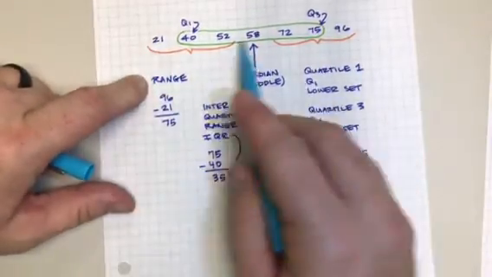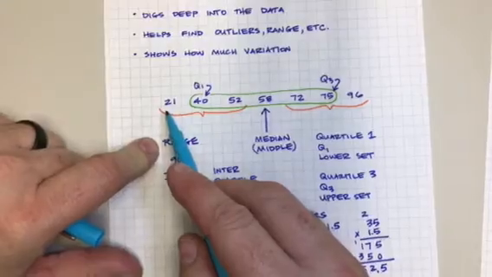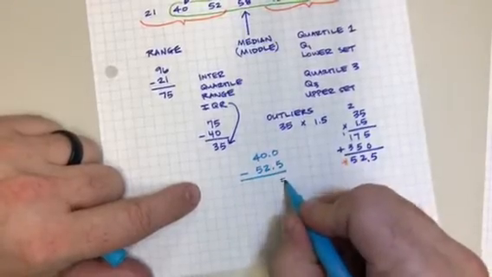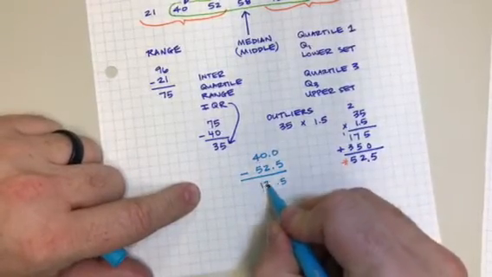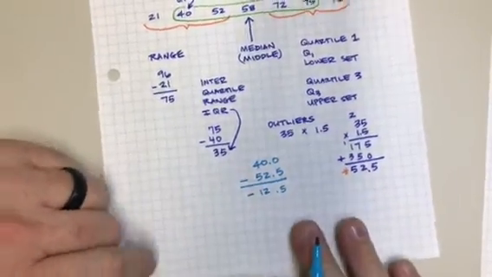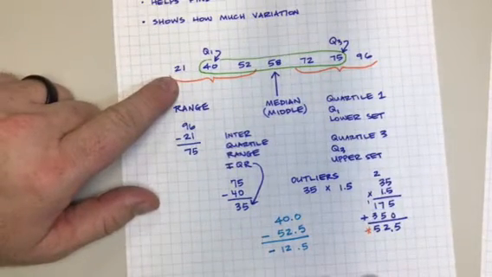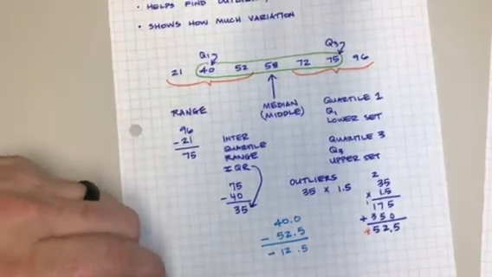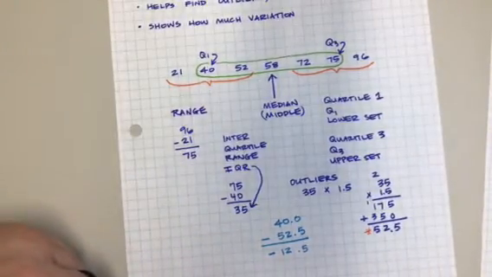There's not any negative numbers in my set. The lowest number in my set is 21. So I'm not going to have any outliers on this side of the data. If I did subtract this, I would get negative 12.5. I don't have negative 12.5 in my original set of data, and I don't have anything smaller either. So I don't have any outliers in that direction.